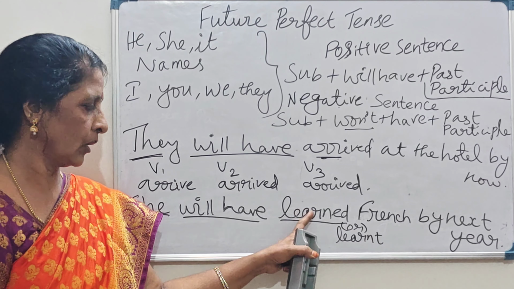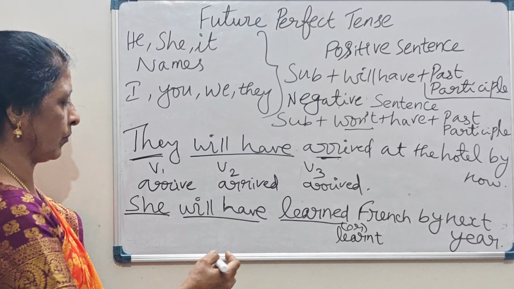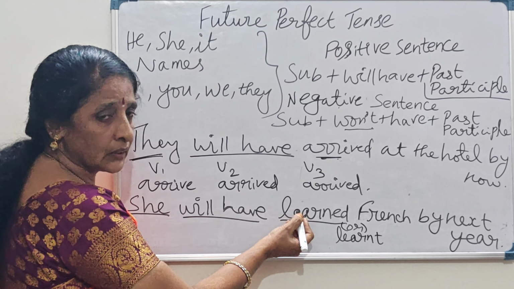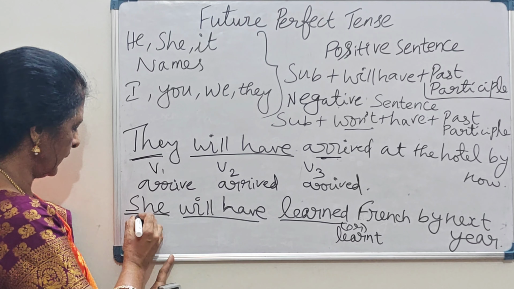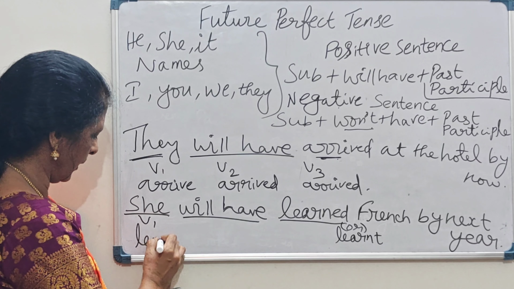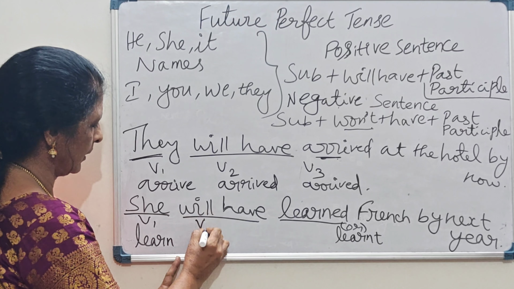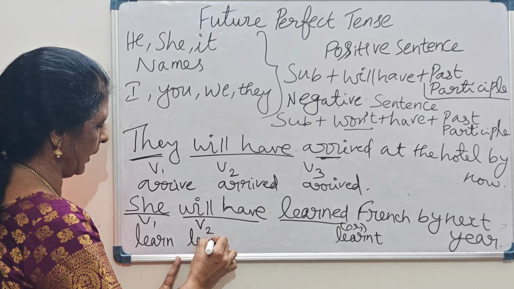We can use both interchangeably, depending on the text and context. For this, V1 is learn, V2 learnt or learned, V3 also learnt.